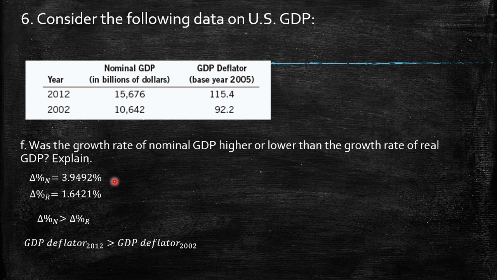And here we have that the GDP deflator for 2012 is higher than the GDP deflator for 2002. So we already know this from the computation.